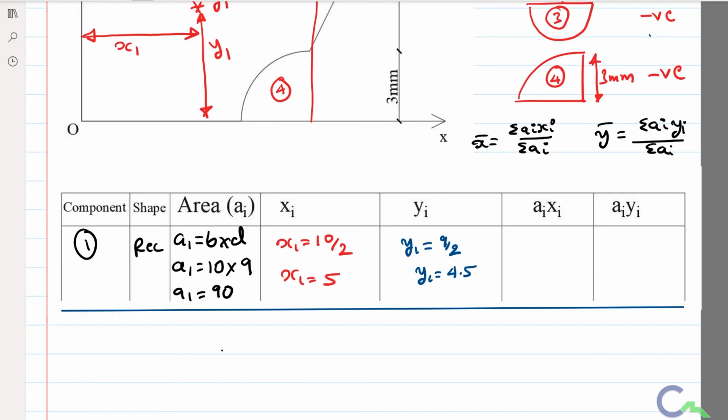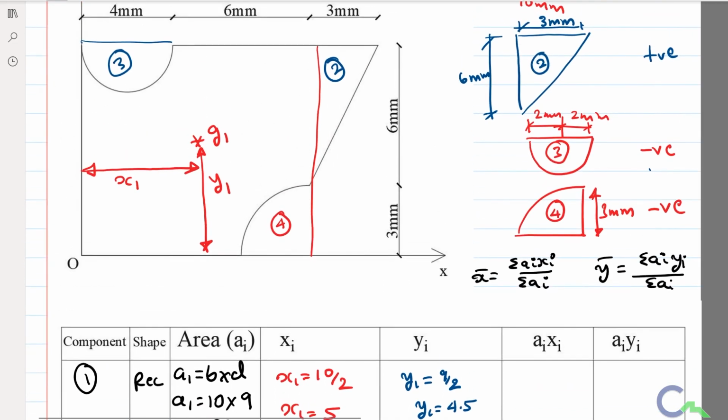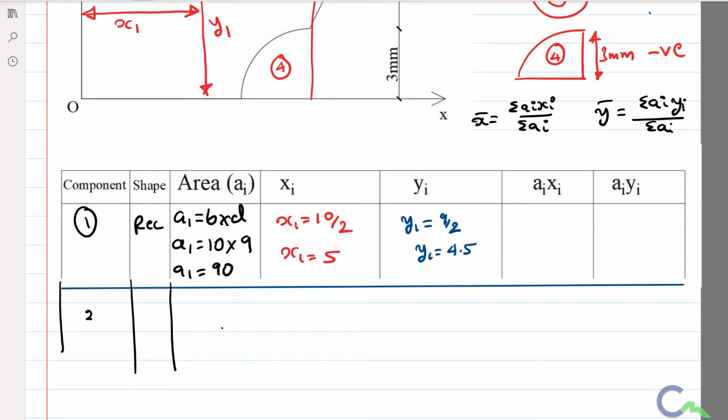So now I am going to consider our second component. So I have taken the second component as our triangle, so I will take it as 2, that is a triangle. Area of the second component, I will take A2, that is half into base into height.